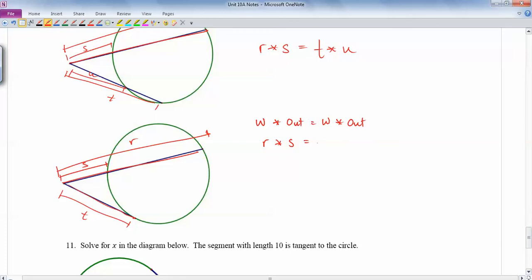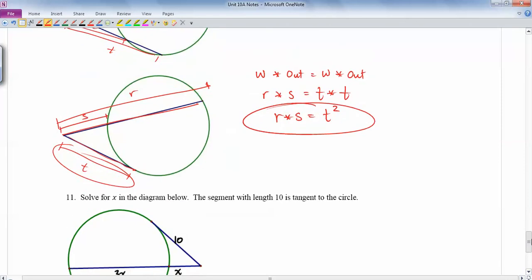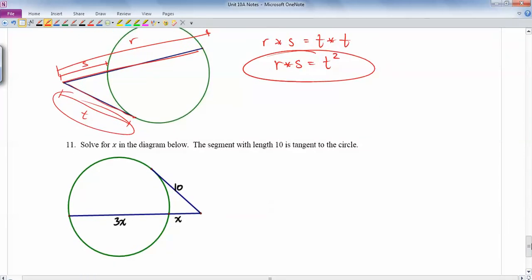Well, the whole thing down on the bottom chunk here is t, and the outer part is also t. So now you end up with r times s equals t times t, or t squared. Okay?